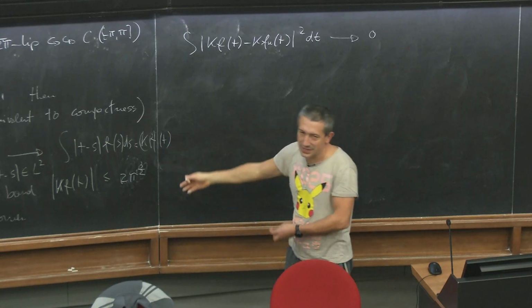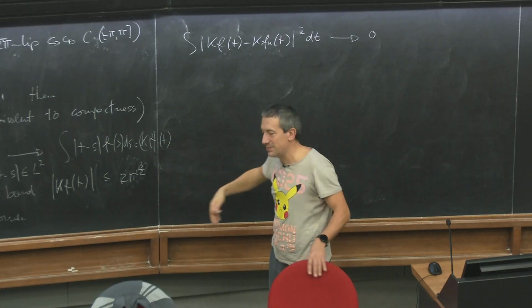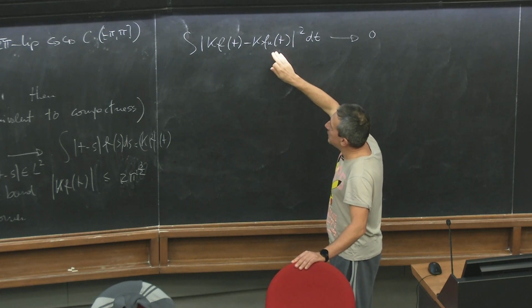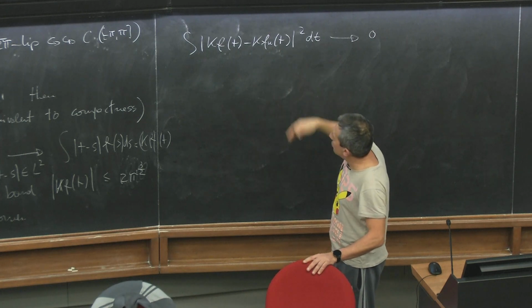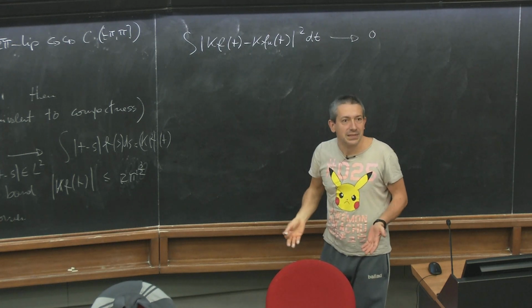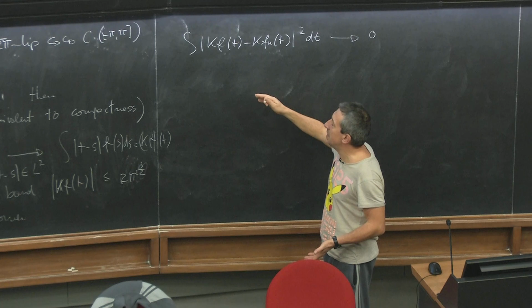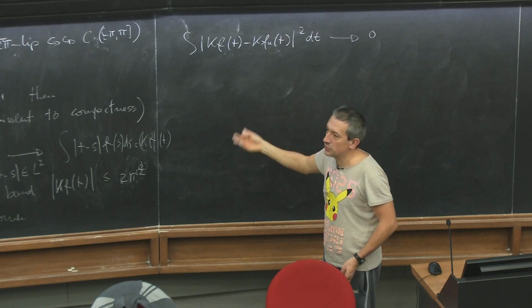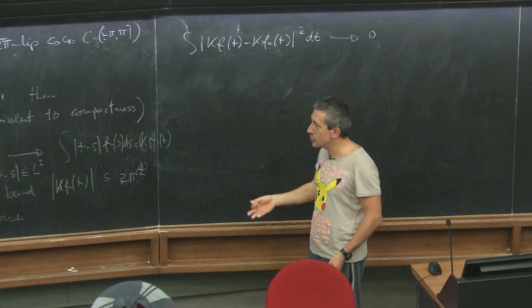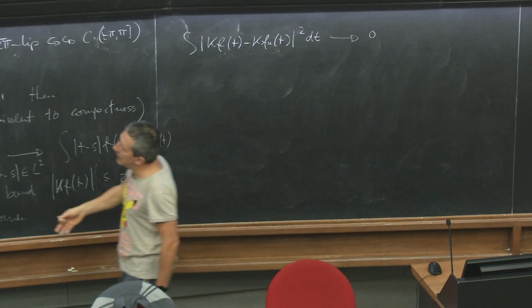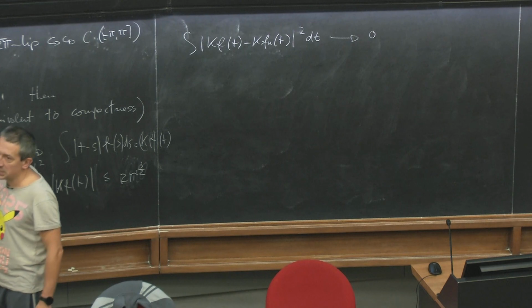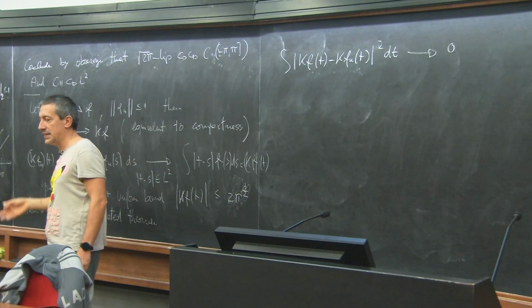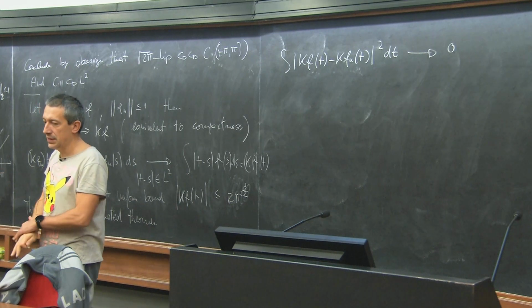Well, it's some constant. It is not the best, but doesn't matter. So these functions are in particular bounded, so I can pass to the limit. So the limit of this integral is equal to the integral of the limit, which is 0. Conclusion: if I have a weakly convergent subsequence, its image is strongly convergent, hence K is compact. Okay?